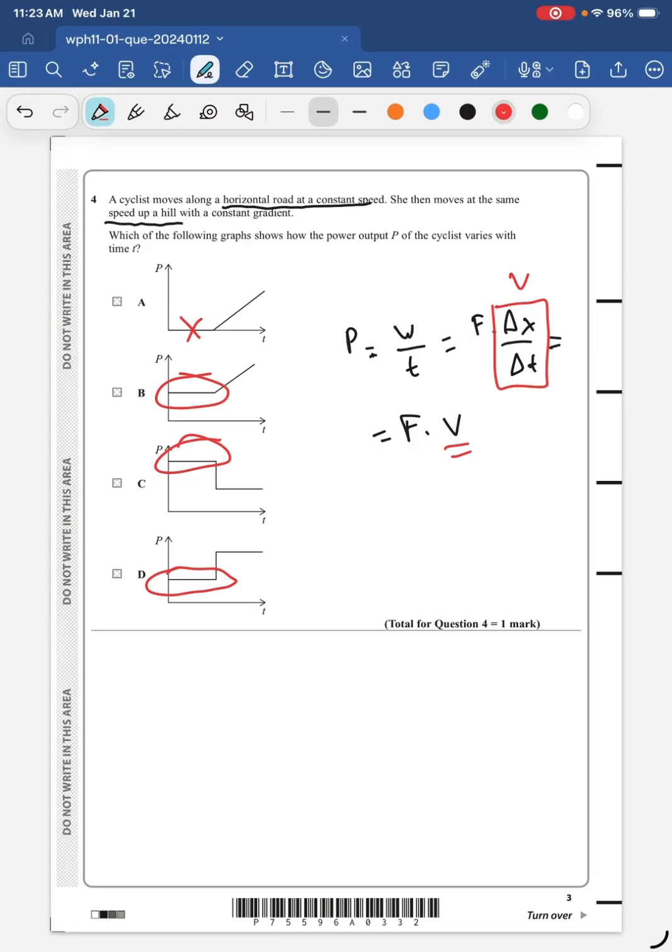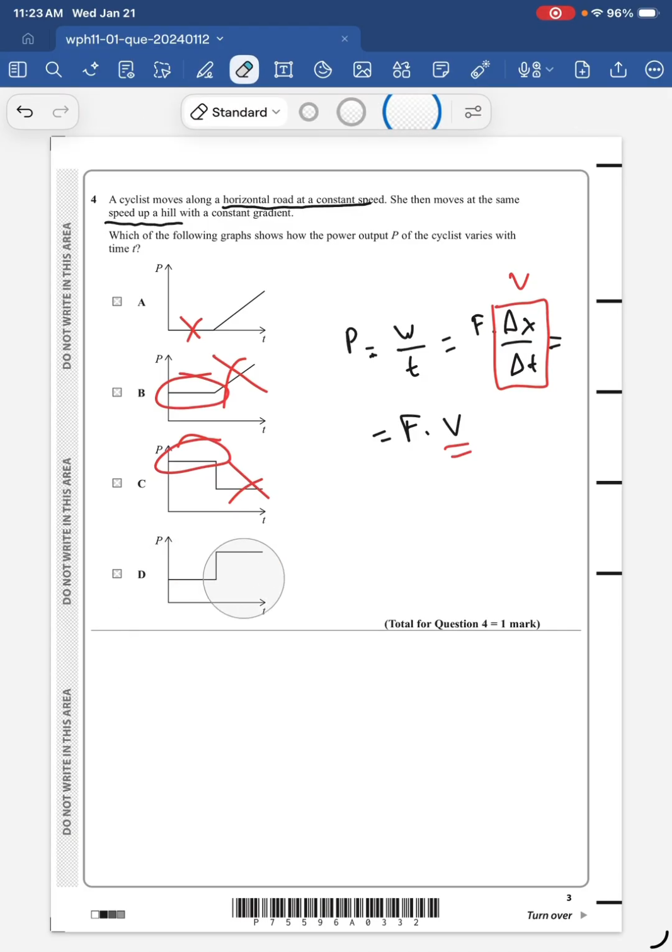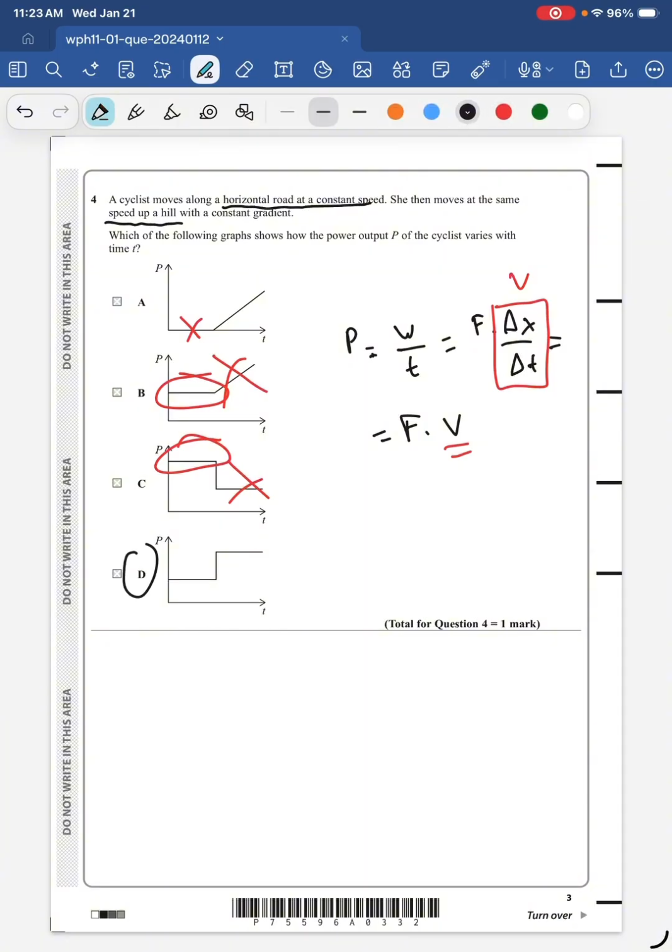And then the power she exerts when she goes uphill should increase because the force she has to output should increase, right? Because she has to do work against her weight. But the velocity remains constant, and therefore the power should increase and also be steady. So this gets eliminated because the power cannot increase with respect to time. This also gets eliminated. So the only correct answer is D, okay?